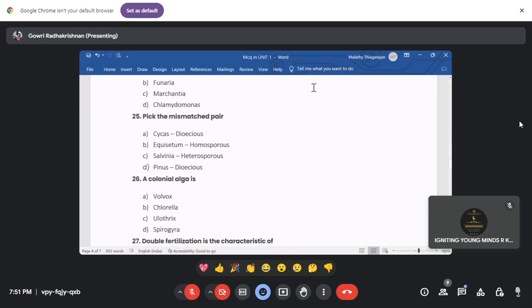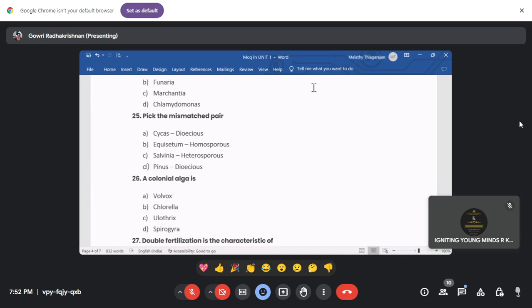Then 25th, pick the mismatched pair. I think option B, ma'am. You think what? Option B, Equisetum and homosporous.